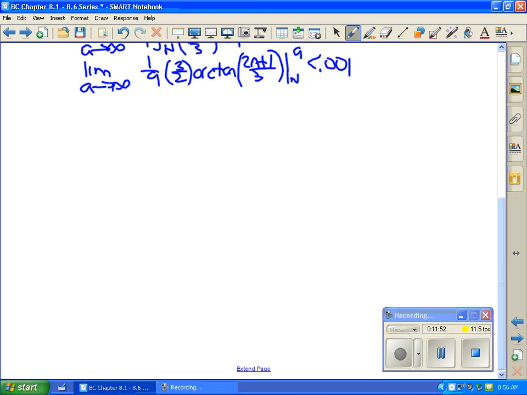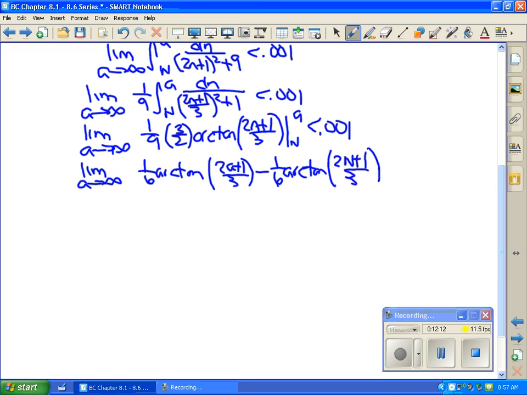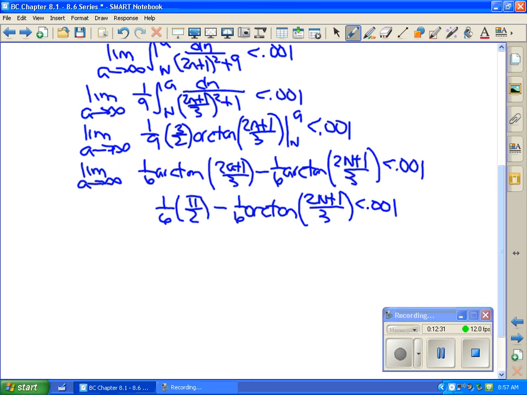And then if I substitute in my bounds, limit as a approaches infinity, that's 1/6 arctangent of (2a plus 1 over 3) minus 1/6 arctangent of (2 capital N plus 1 over 3) is less than 0.001. Now, as a gets larger and larger, don't forget that arctangent approaches pi over 2. So what we're looking at here is 1/6 times pi over 2 minus 1/6 arctangent of (2 capital N plus 1 over 3) is less than 0.001.